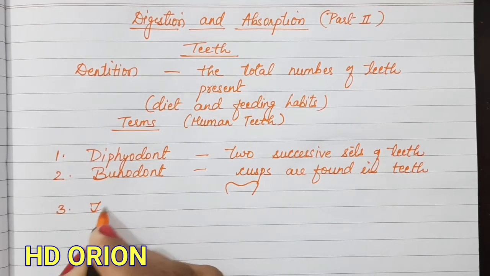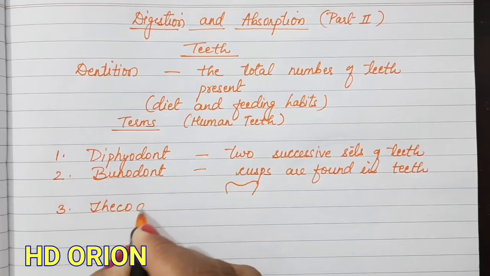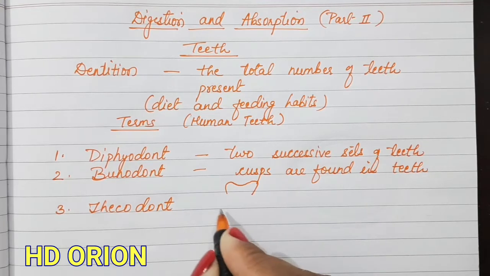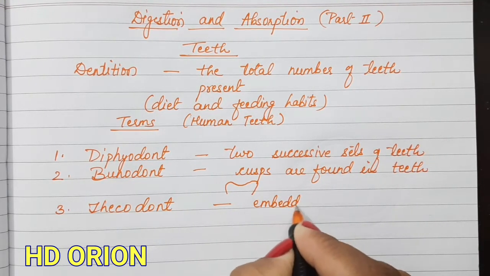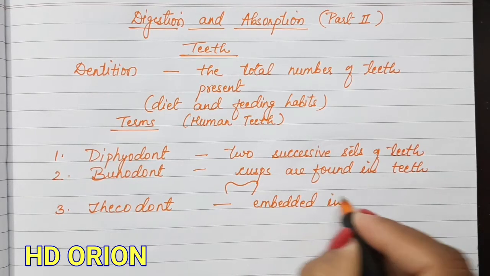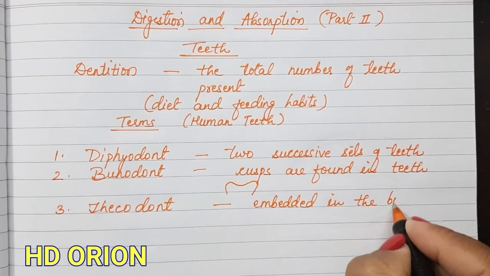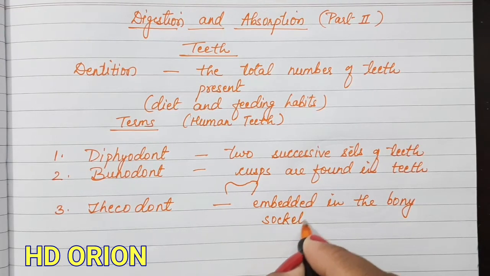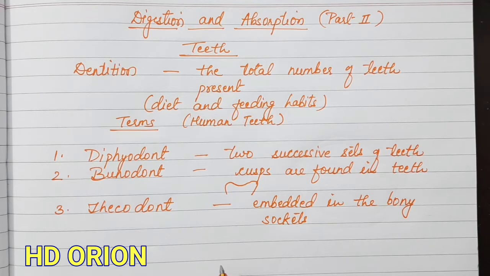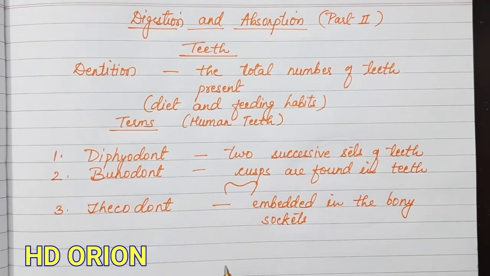Then the human teeth is Thecodont. Thecodont means the teeth are embedded in the bony sockets. We know that the upper jaw bone is the maxilla, and the bone that makes the lower jaw is the mandible.